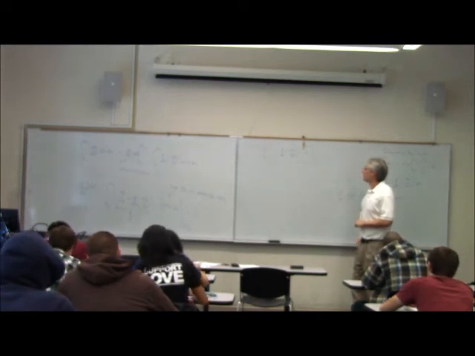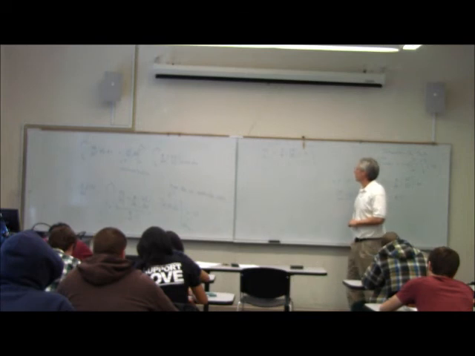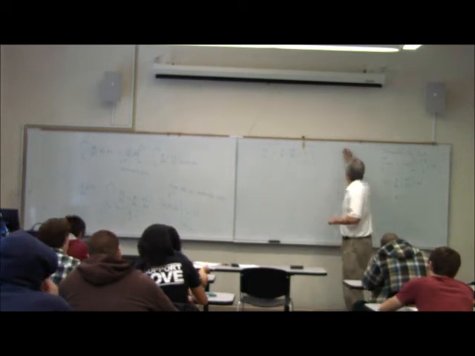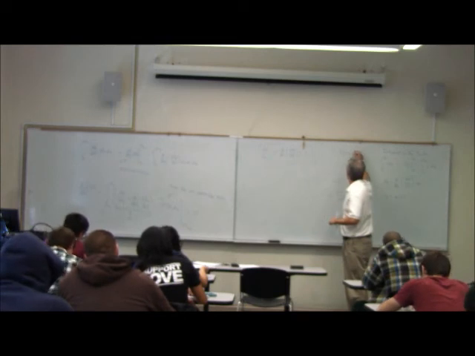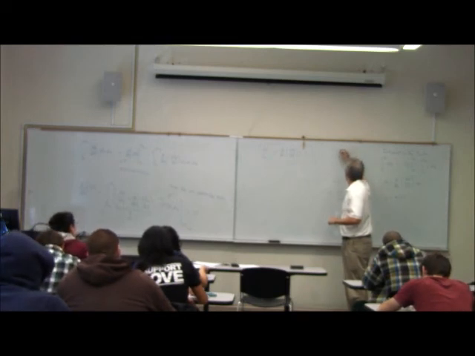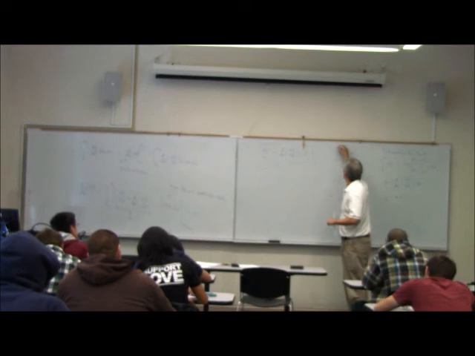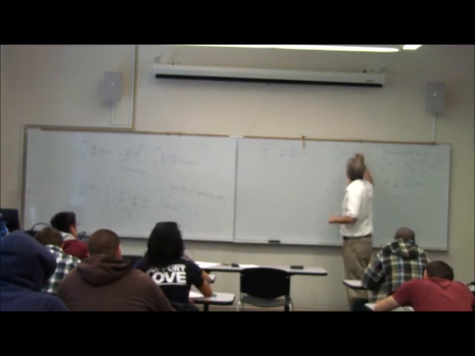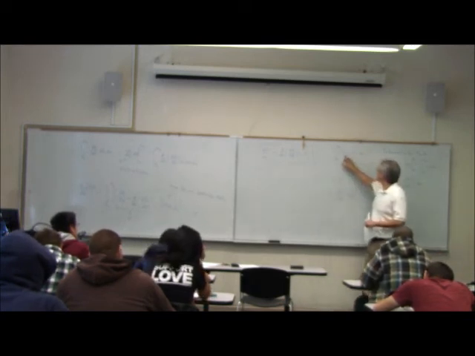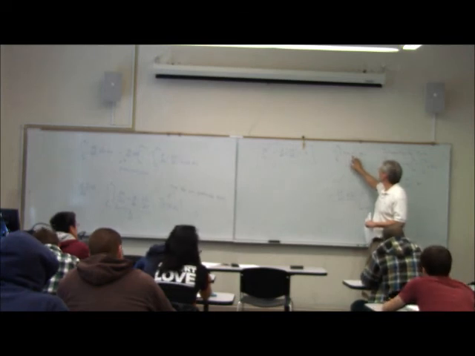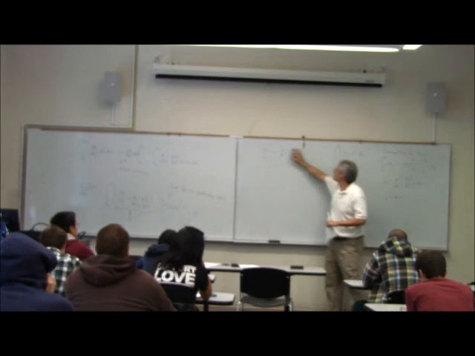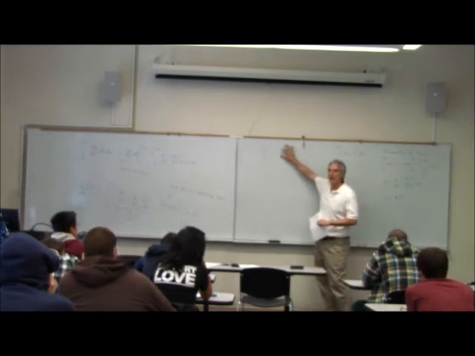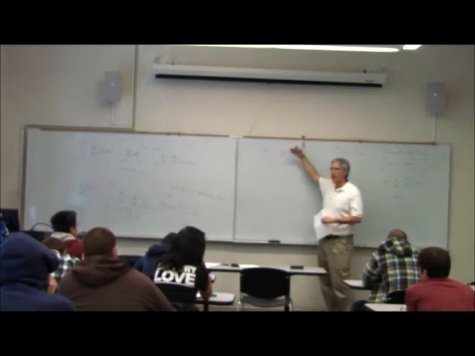Okay, so this should look familiar for two reasons. First of all, if I give you f of, let's say, x, y, y prime, and if there's no dependence on x, and if there were no dependence on y prime, then this term would disappear, and I would get partial f partial y equals 0.